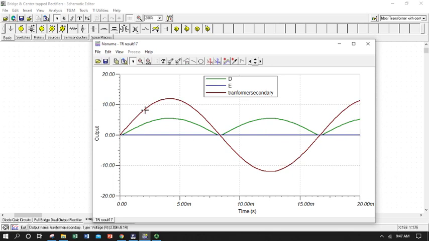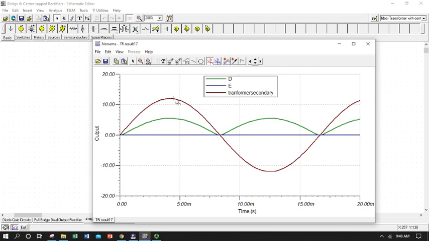Here's our transformer secondary signal, and you can see that with the exception of these little lags for the 0.7 volts going over the diode, our green curve is our load voltage output, so we're really capturing the entire waveform, and it's all now in the positive. So we have pulsating DC going across our load.